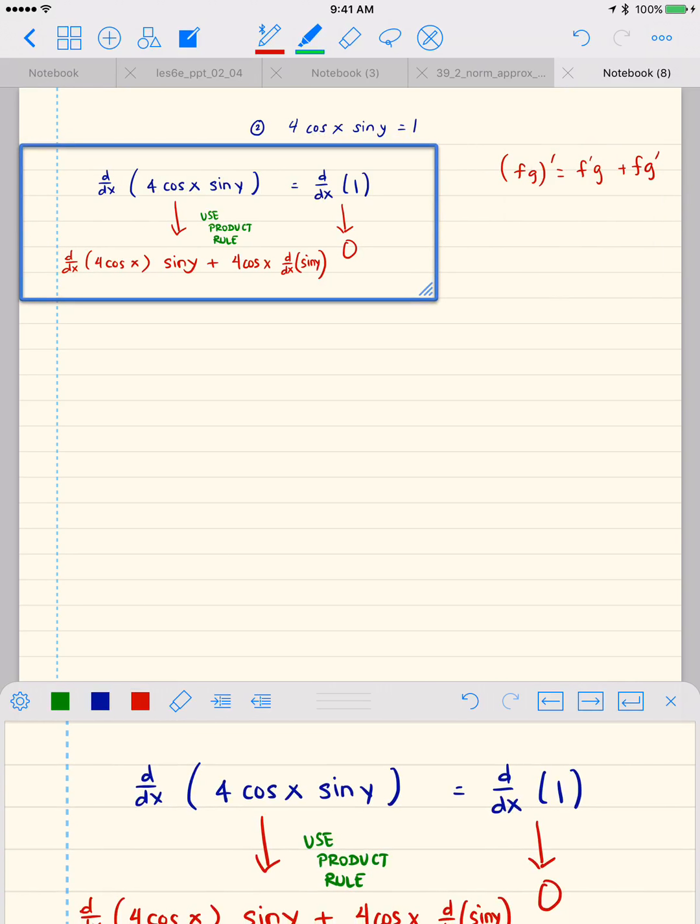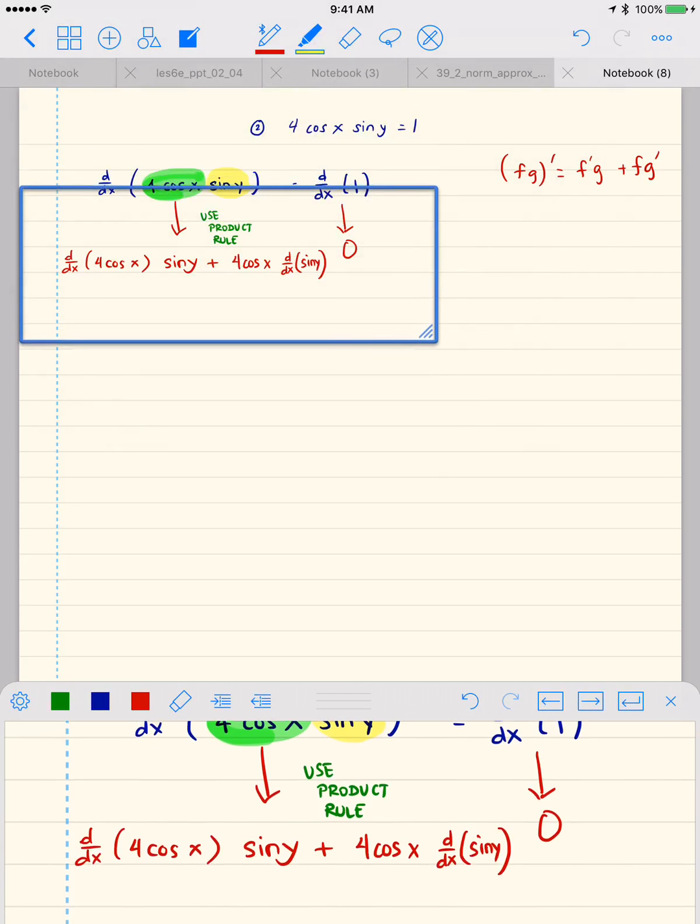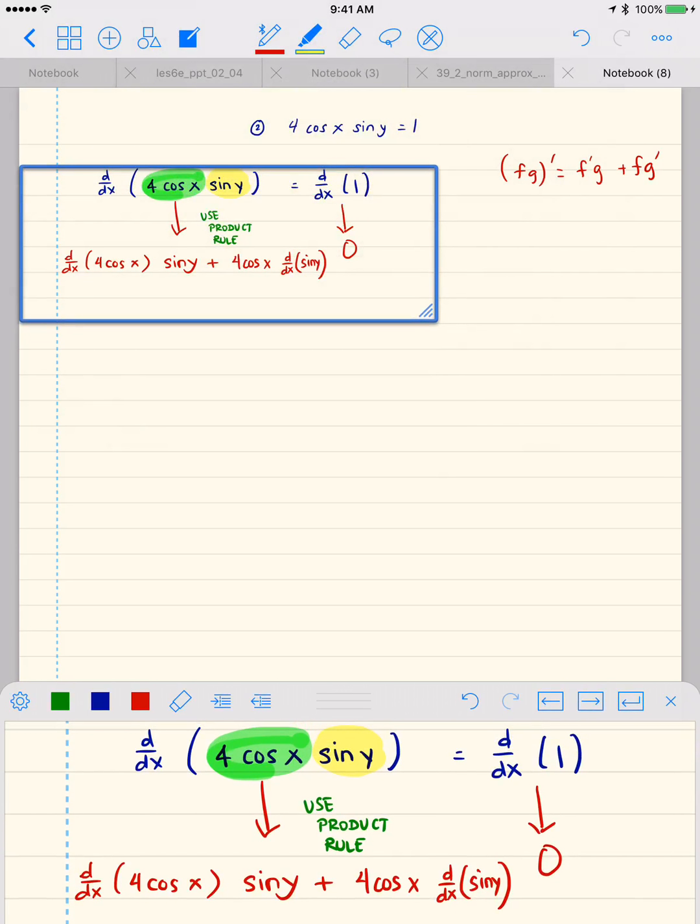So here, this is my f, and this is my g, right? So I need the derivative of f times g plus the derivative of g times f. Okay.